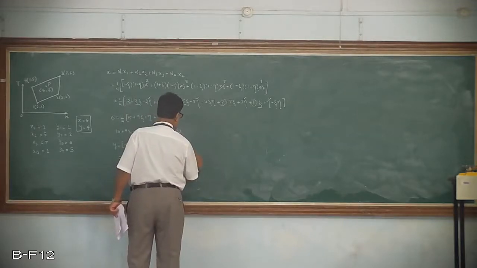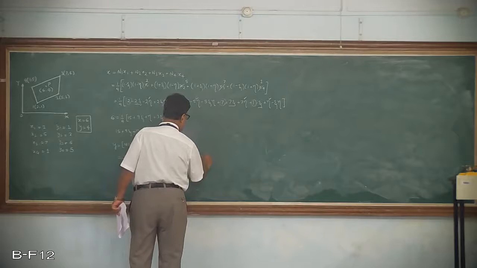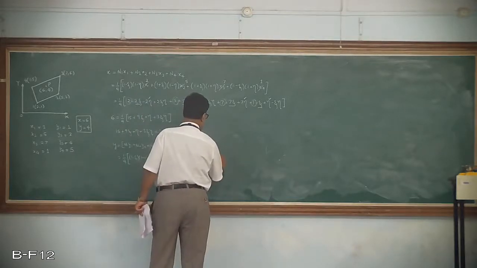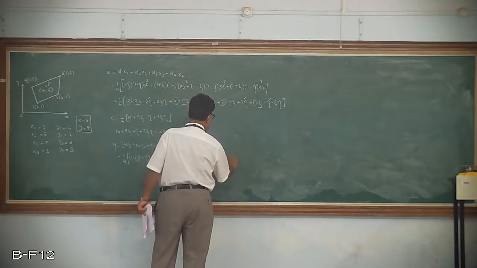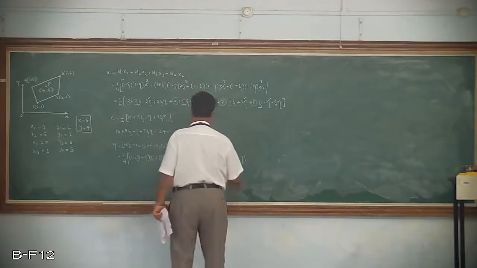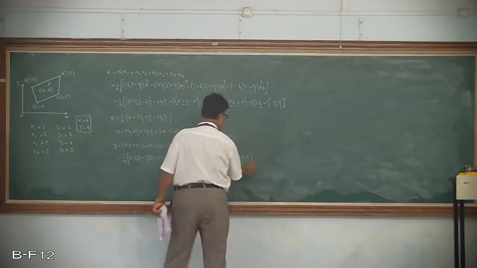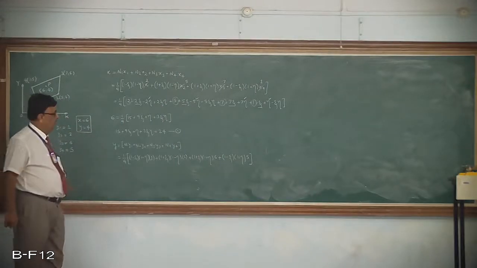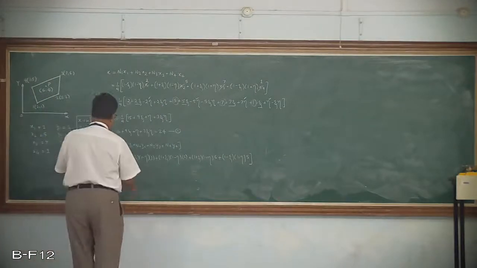Whereas next, this is (1 plus zeta)(1 plus eta) y3, y3 being 6, plus (1 minus zeta)(1 plus eta) y4, y4 is 5. So if you substitute like this, what you will get is this one. So now again expand them.